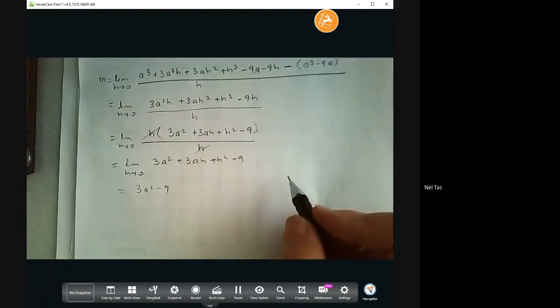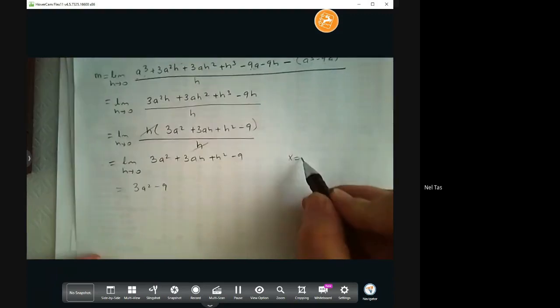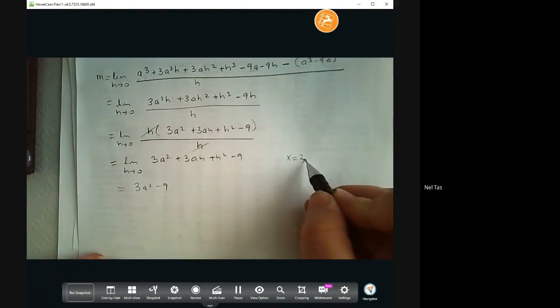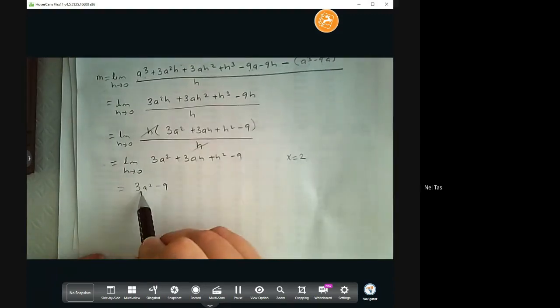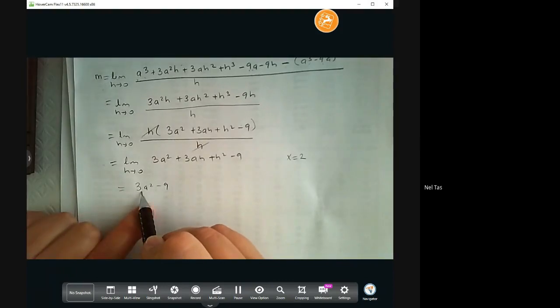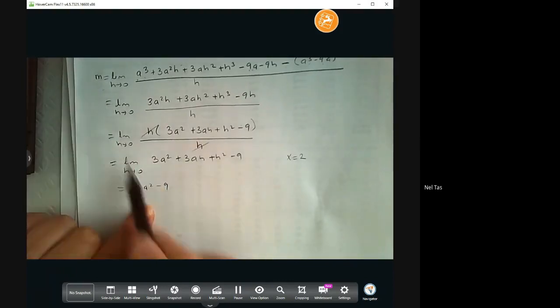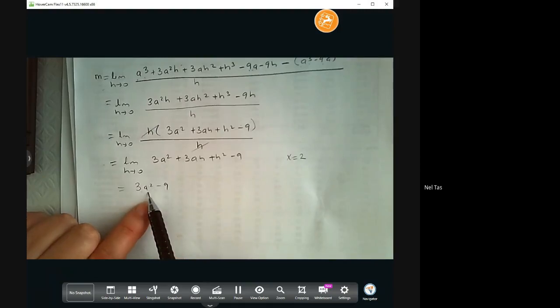For example, you want to know the slope of the tangent at x equals 2, then you can directly use this formula. This is because it is a slope formula for any arbitrary x value. So you can sub in: 2 squared is 4, 4 times 3 is 12, 12 minus 9 is 3.